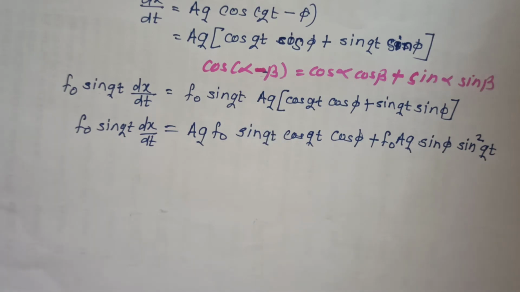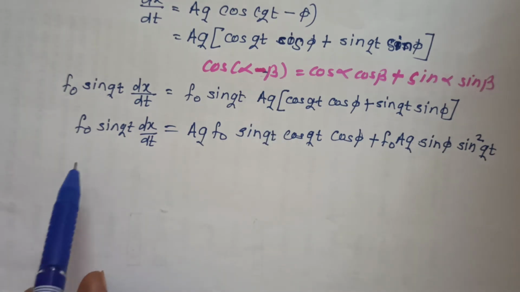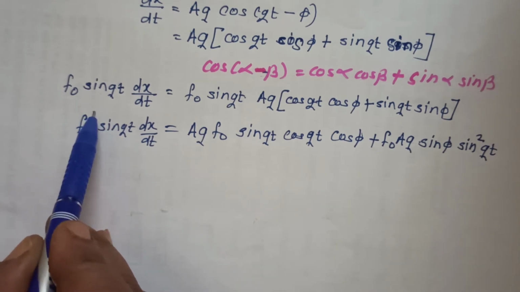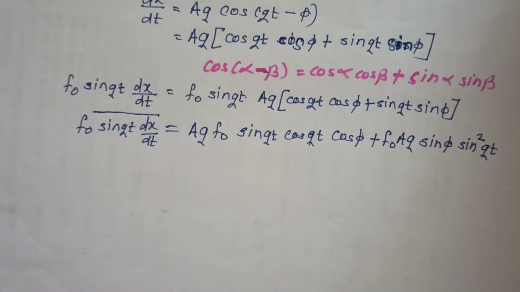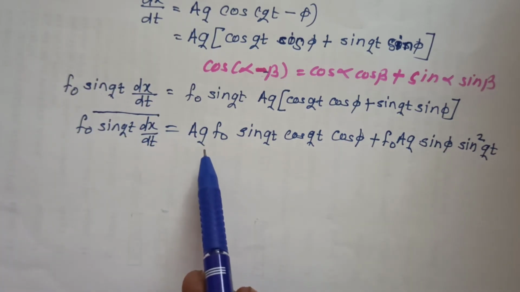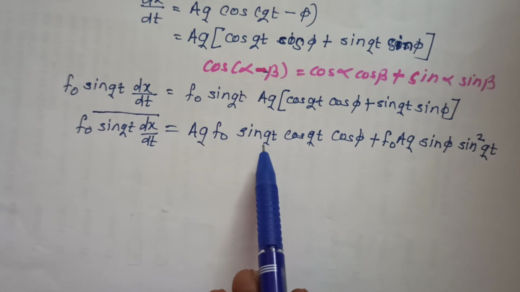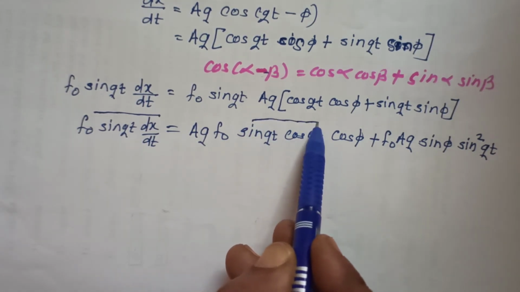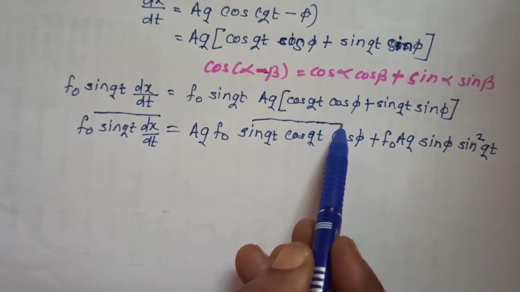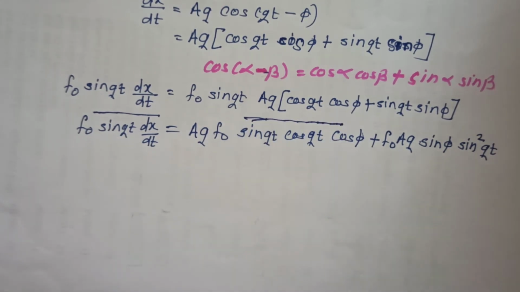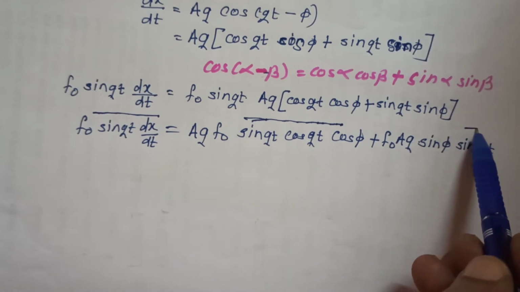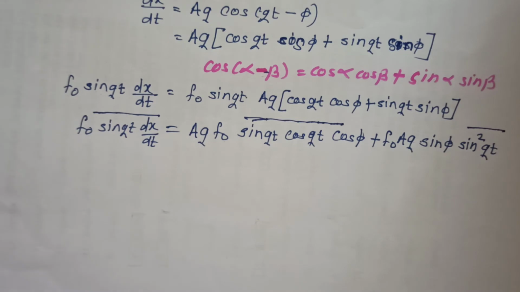Take the average of both sides. We get the average of F0 sin qt dx/dt equal to the averages of sin qt cos qt and sin² qt.